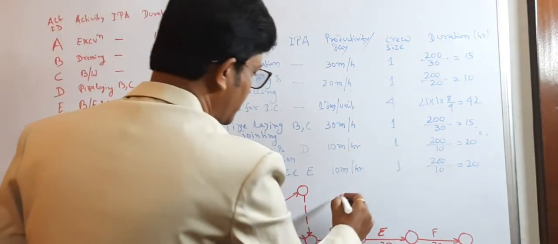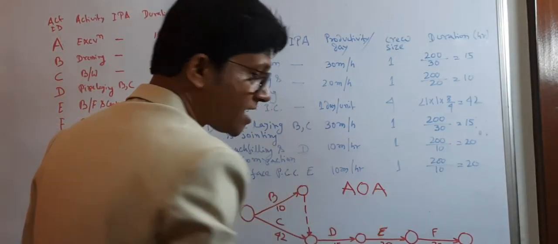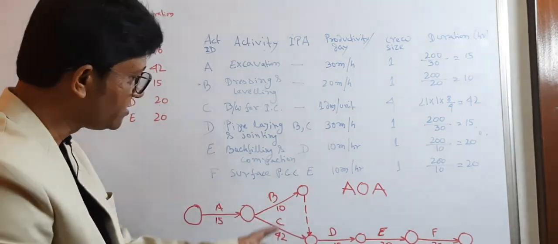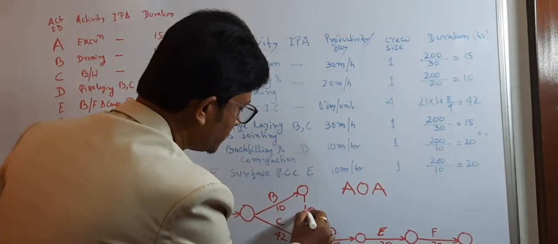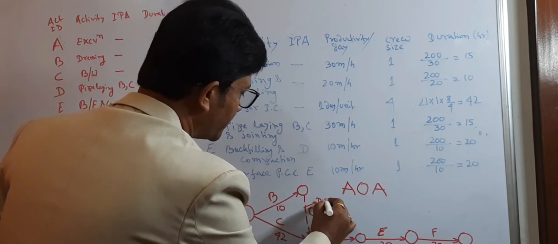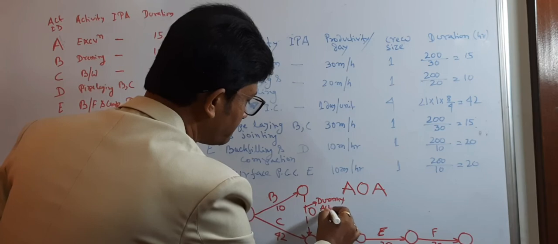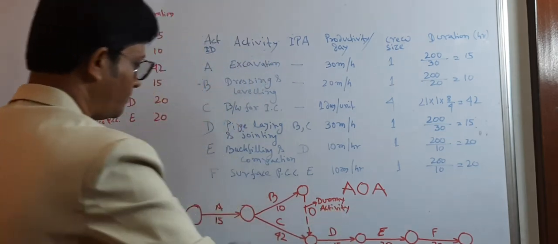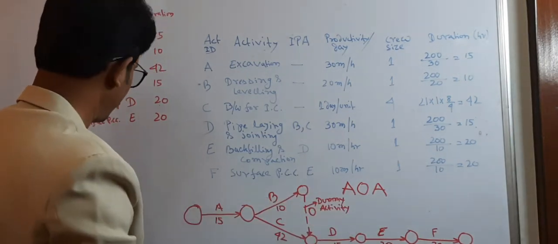So this is the AOA diagram. As I have mentioned earlier, in the AOA diagram there is the introduction of this dummy activity. This is 0. This is known as the dummy activity. By means of this dummy activity, this network is completed.